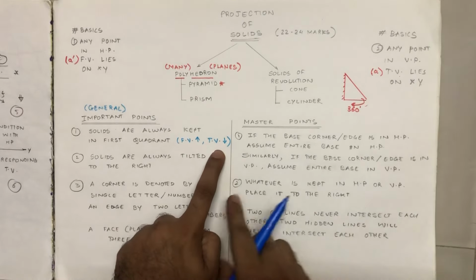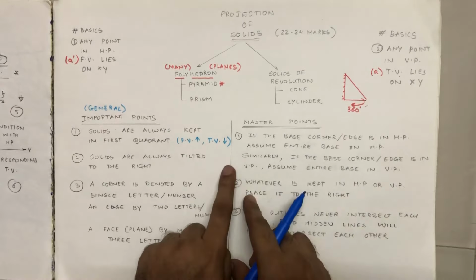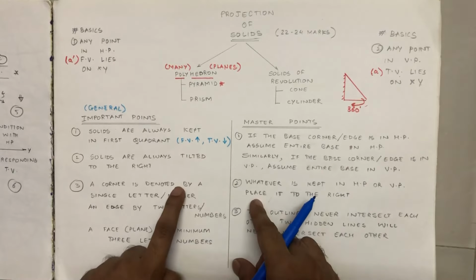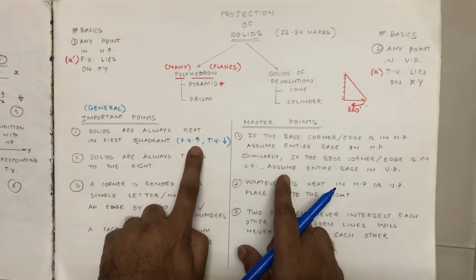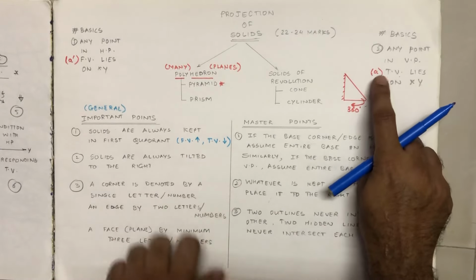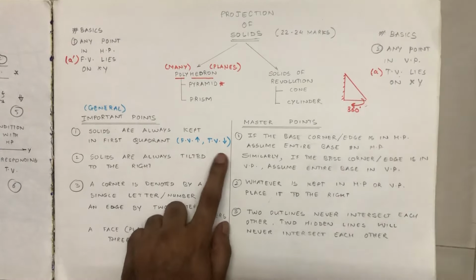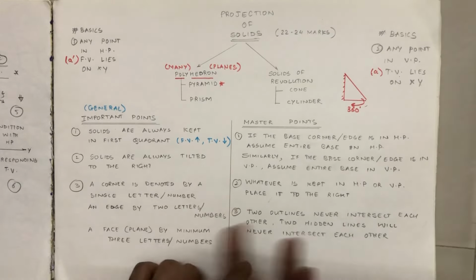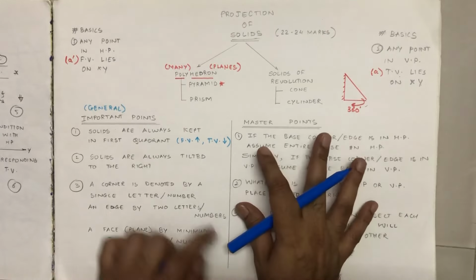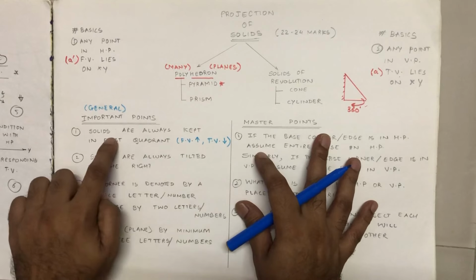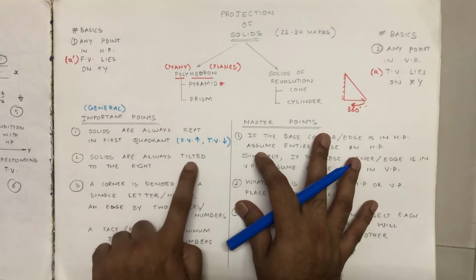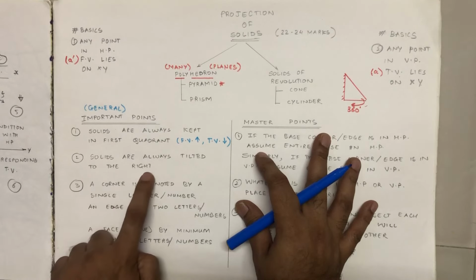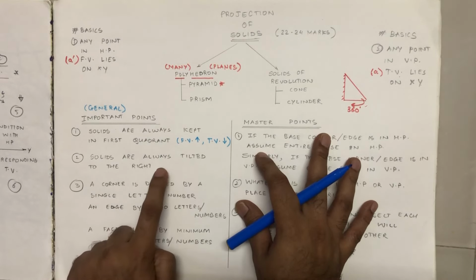What it implies is, you take any problem, any solid, our front view with dash will always be above XY, and our top view, small letters, will always be below XY. Irrespective of the problem statement, this is what is going to happen. Let us look at the second point. Solids are always tilted to the right.